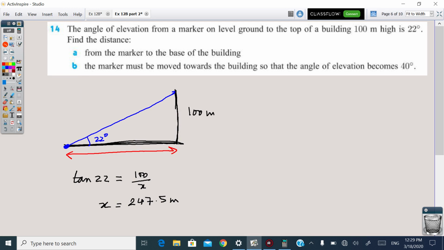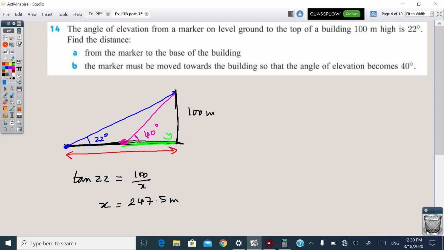Now, we're going to move the marker towards the building, so the angle of elevation becomes 40. So we're going to place it somewhere here, so that this angle is 40 degrees. Now let's call this distance, let's call it y.